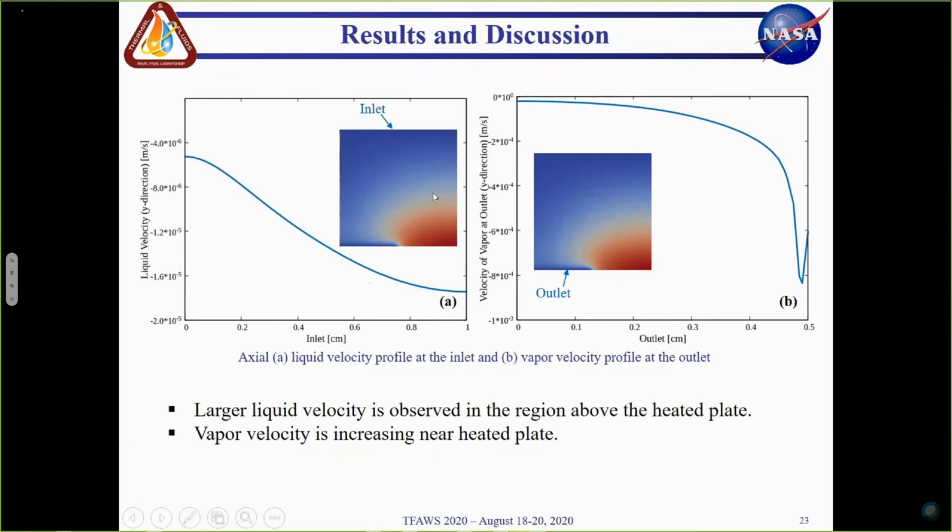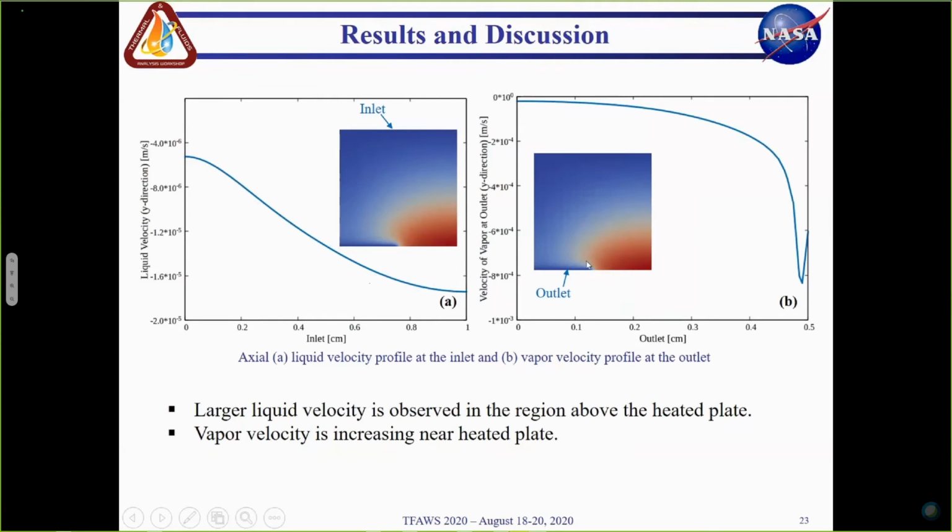That means the liquid saturation will decrease. With the decrease in the liquid saturation, capillary pressure will increase. So the capillary pull will be higher around this position than these left places.